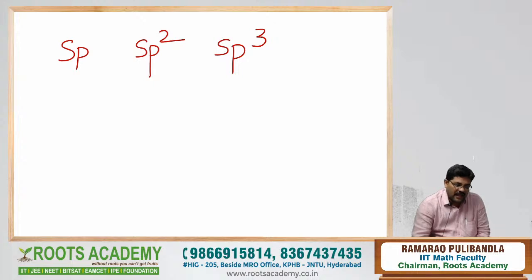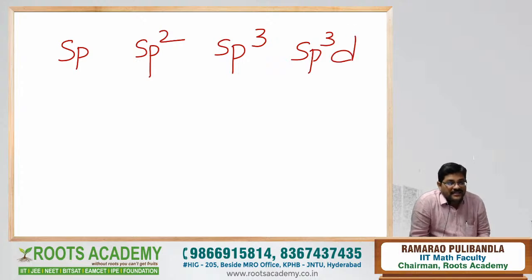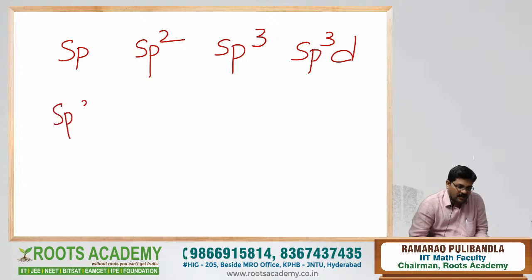And if s, 3 p orbitals and 1 d orbital are combined, you get sp3d hybridization. If s, 3 p orbitals and 2 d orbitals are combined, you get sp3d2 hybridization.